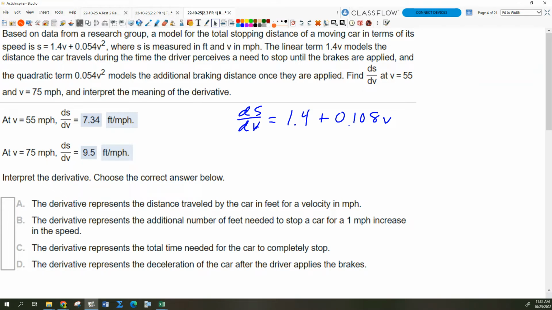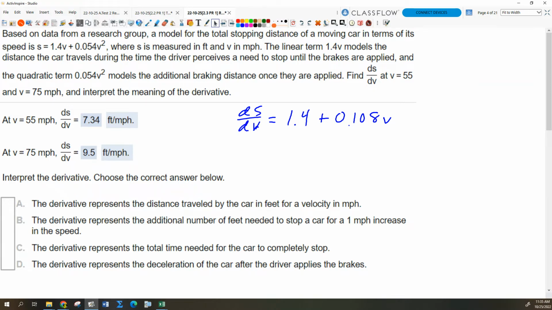The derivative represents the deceleration of the car after the driver applies the brakes. I could see why people might pick 4 there. It's not the answer, but I can see why people would have maybe chosen that. Does that really apply? Do the units work out there?